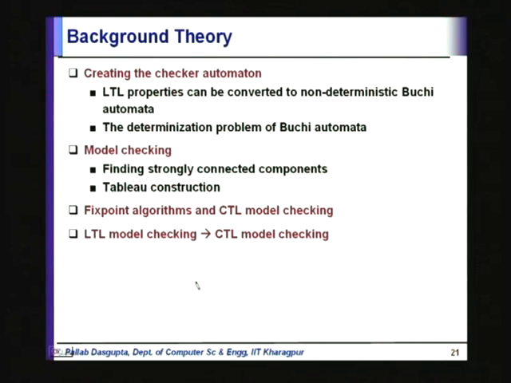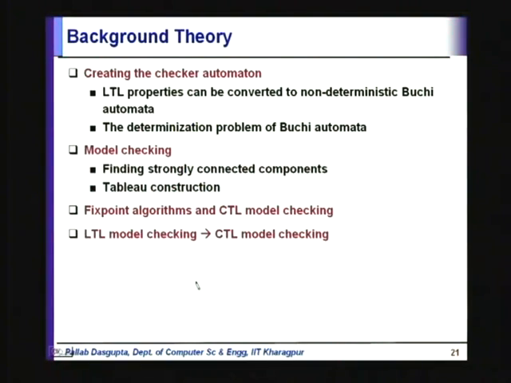Now, this is what we are going to look at. We are first going to look at the formal procedure for creating the checker automaton, and for that we will see that LTL properties can be converted to non-deterministic Buchi automata. And then we will briefly go through the determinization problem of Buchi automata, because if you have a non-deterministic automaton, how do you determinize it before verification, that is one thing that we will study. There is something very peculiar about the determinization problem of Buchi automata, which warrants independent study.